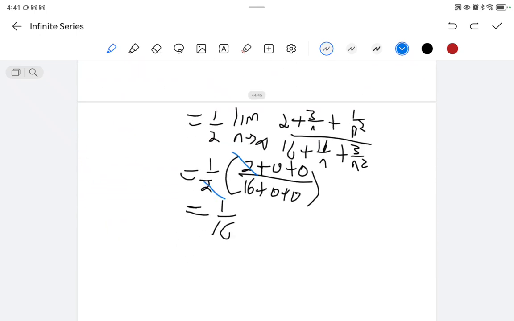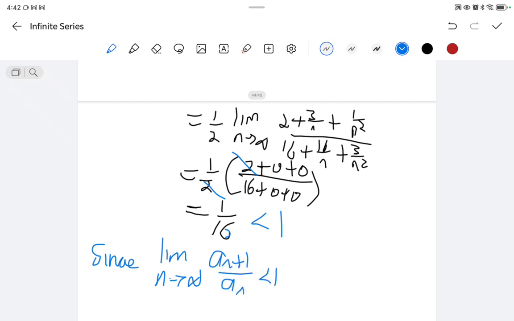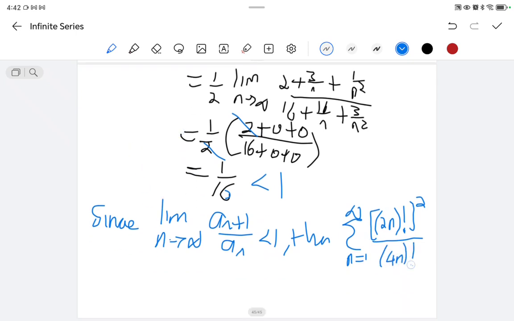For conclusion, we're going to say, since the limit as n approaches infinity of a of n plus 1 over a of n is less than 1, I can say then the summation from n equals 1 of 2n squared over 4n will converge.